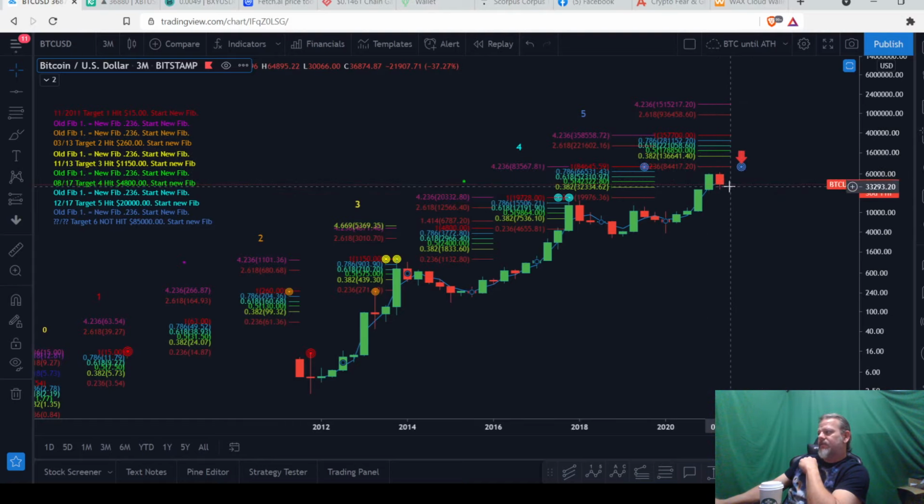Then, in this next 3-month cycle, which ends at the end of next month, we'll see where we are on this. I would expect to be red at the end of next month as far as this 3-month cycle goes. But running this up to the 1 to 236, we should hit that. And by should, I mean according to what this chart is laying out.